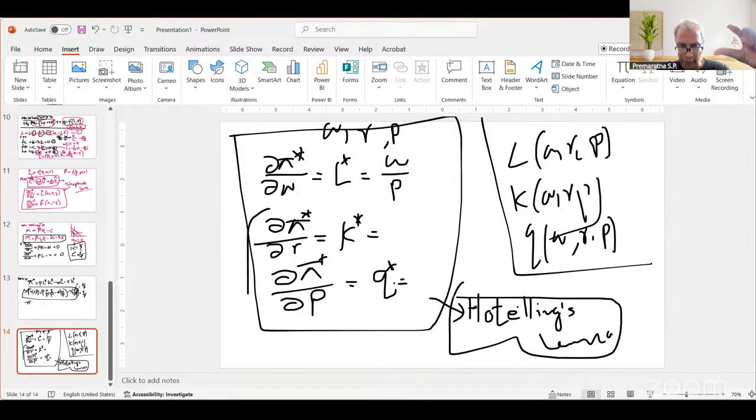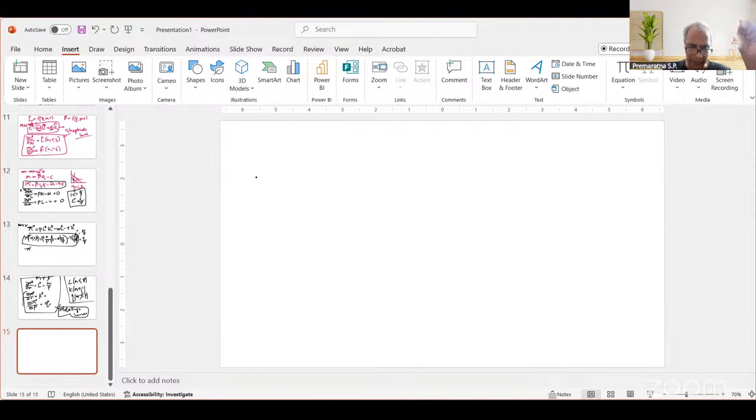When you differentiate your profit function with respect to R, you can get the capital input demand function. If you differentiate with respect to P, you get your firm's supply function or output function. That exercise, what we call Hotelling lemma.